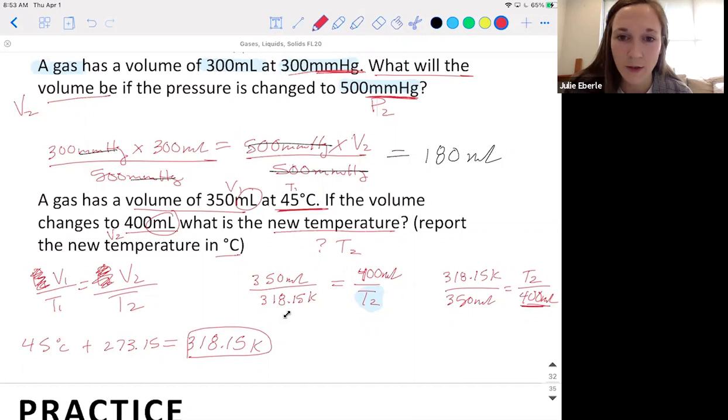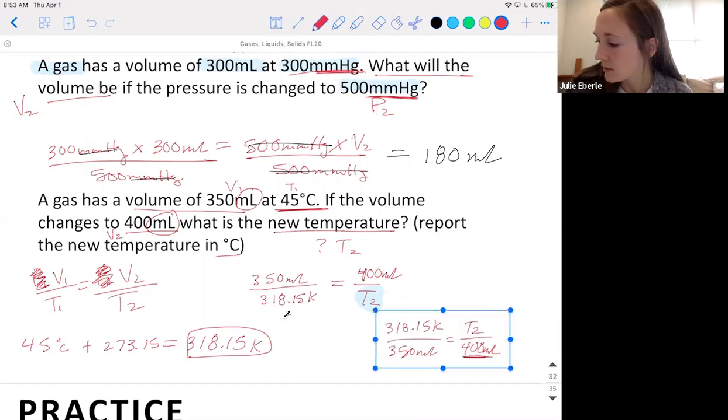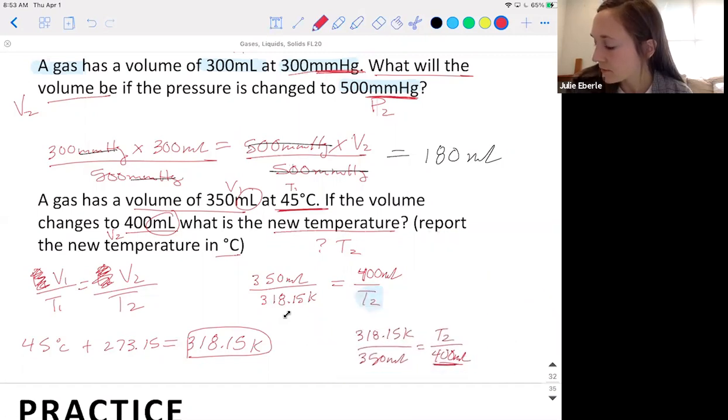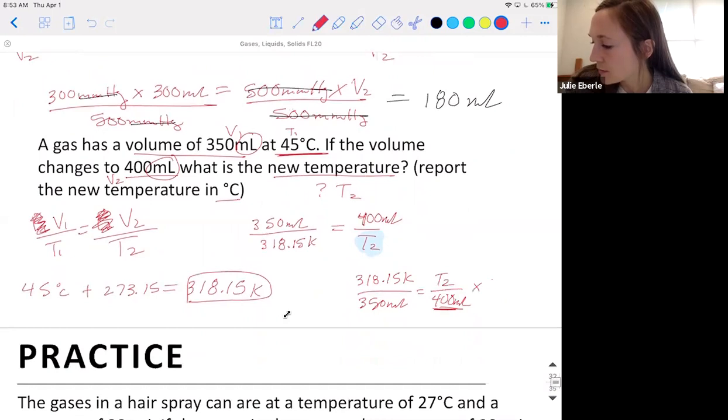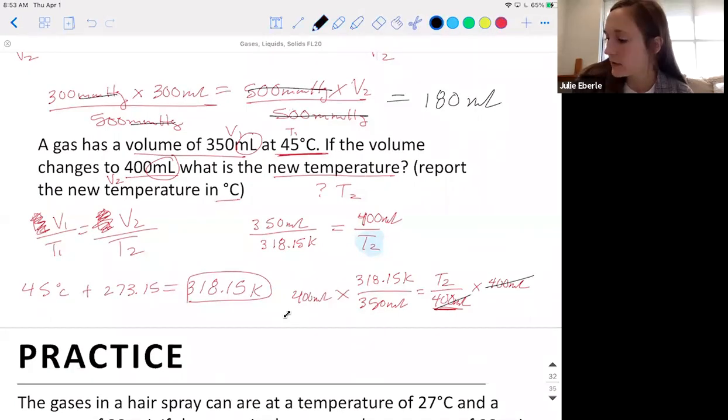That's the quickest way to do it. If not, you've got to move like 3 or 4 variables around and it gets more complicated. So I'm actually going to slide this whole thing down here. Now you just multiply both sides by 400 milliliters. And it cancels over here. So to solve for T2, you'll do 400 times 318.15 divided by 350 milliliters.